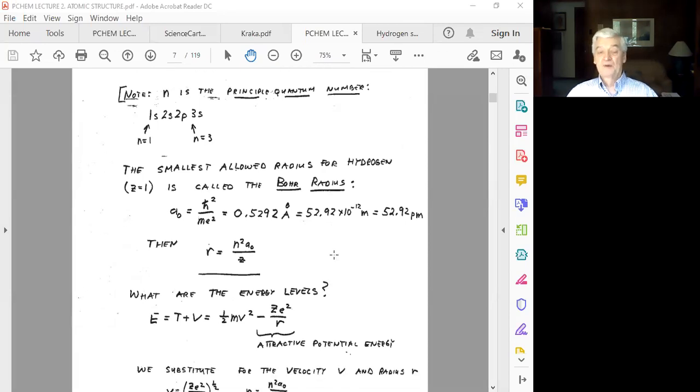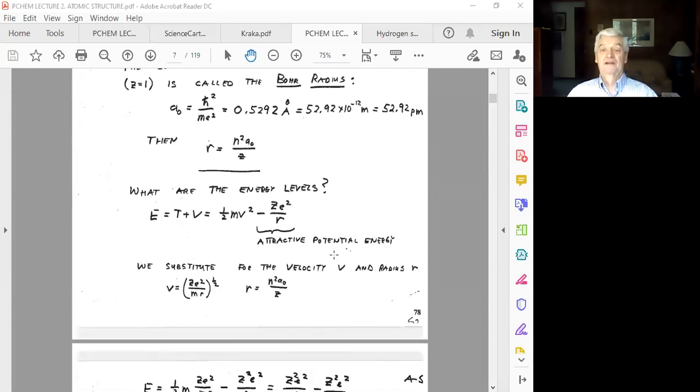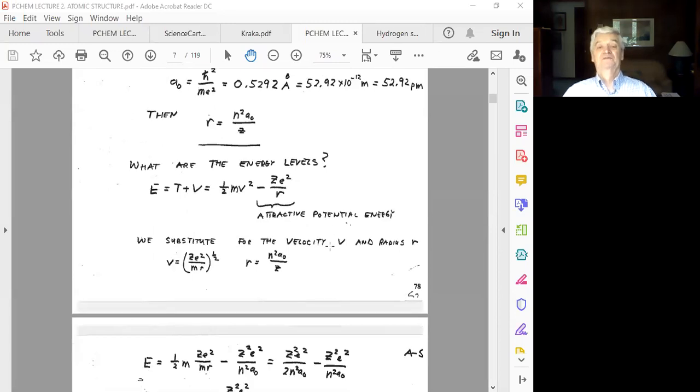Okay, so I promised you that Bohr got the correct energy levels. And so how did he do that? He said, well, the electron's going to have kinetic energy, 1/2 mv squared, and it's going to have a potential energy. And so the attractive potential energy is given by this.